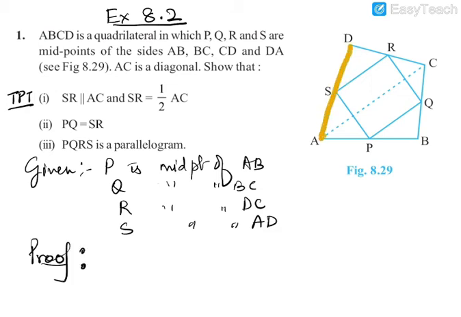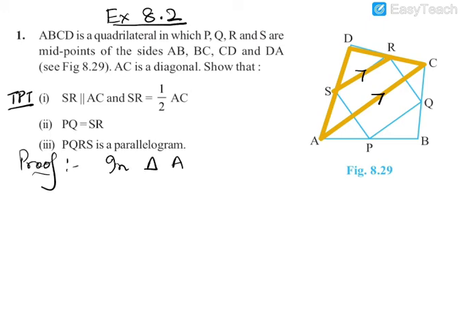Consider triangle DAC. In this triangle, S and R are midpoints of two sides. So using midpoint theorem, the line joining these midpoints will be parallel to the third side, which is AC, and will be half of it. So start by mentioning the triangle in which you are applying the midpoint theorem.